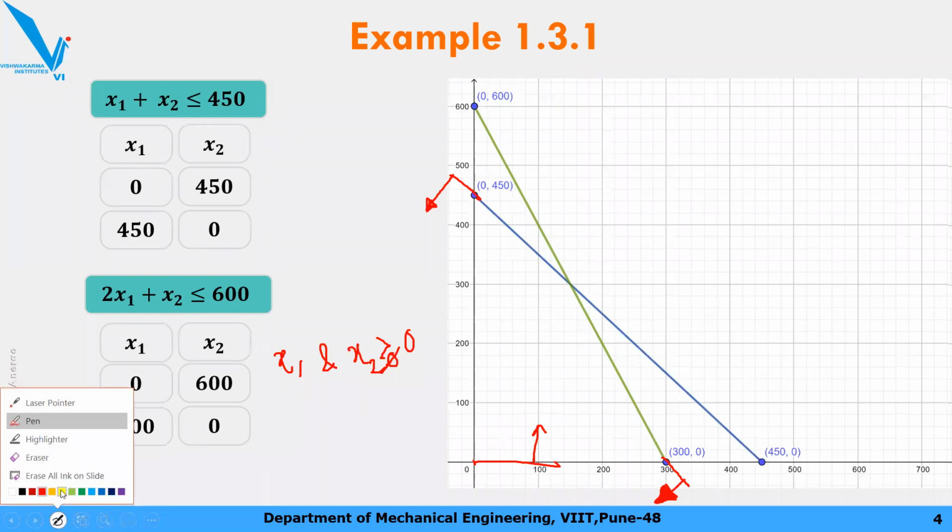Because you cannot go in a negative direction for x2. Similarly, you cannot go in this direction for x1. This is not allowed. Non-negativity restriction means whatever value of x1 and x2 should be, it should be more than or equal to 0.